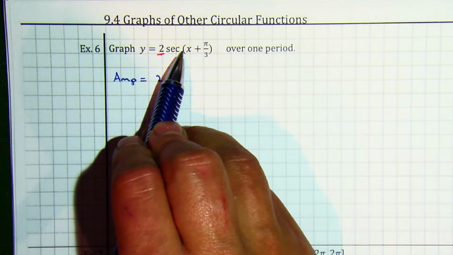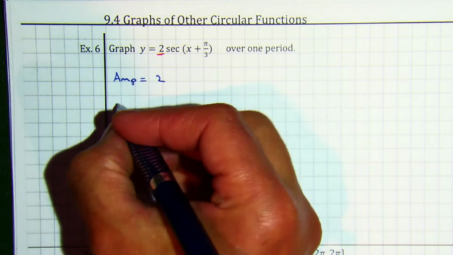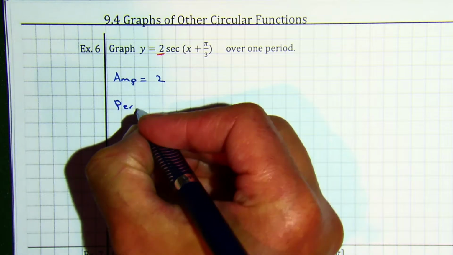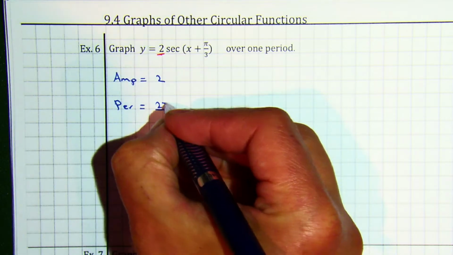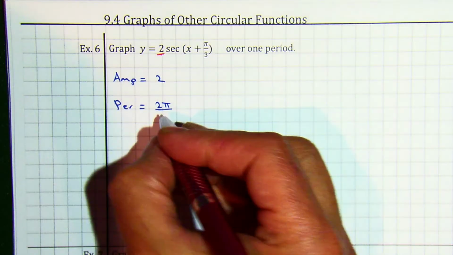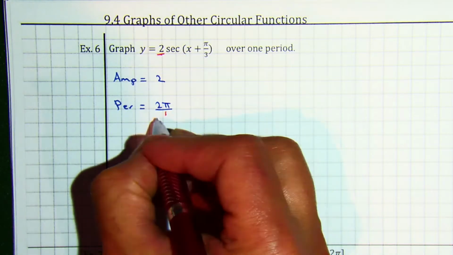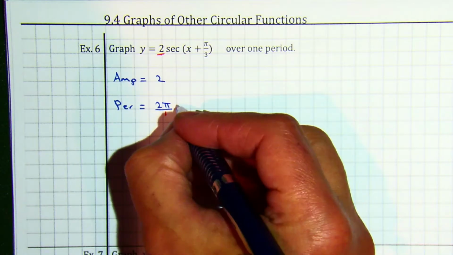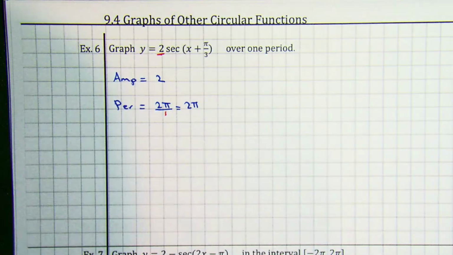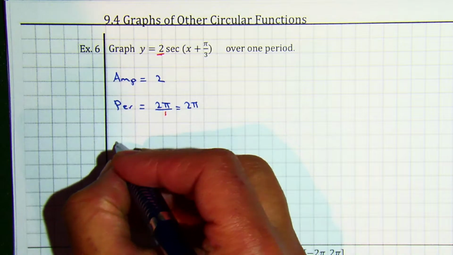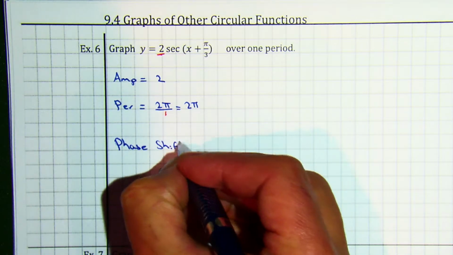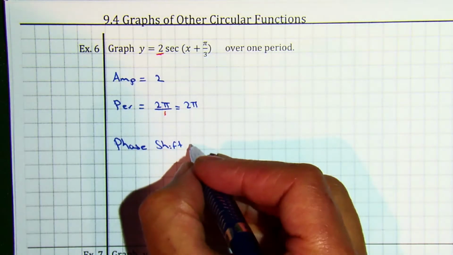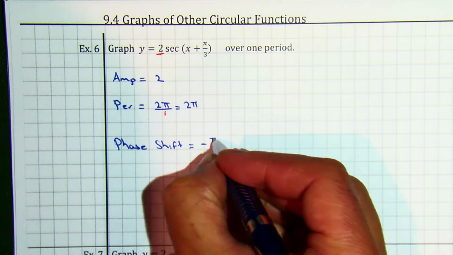There is no coefficient for the x, so therefore your period is equal to 2 pi over b, which is 1. So that is only 2 pi. And the pi over 3 is your phase shift. That means that we're going to shift everything negative pi over 3.